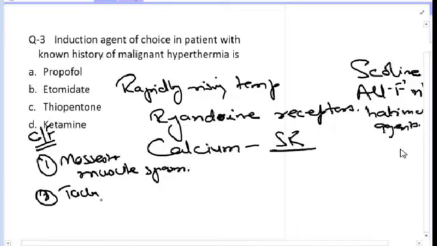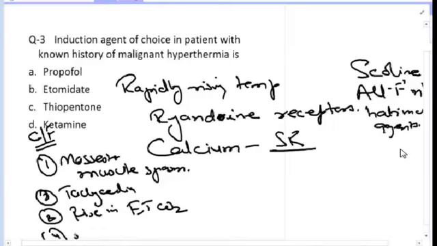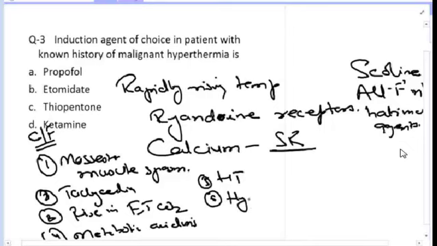Then tachycardia, rise in end-tidal carbon dioxide, metabolic acidosis, then hypertension, then hyperkalemia, hypernatremia, and hyperphosphatemia.